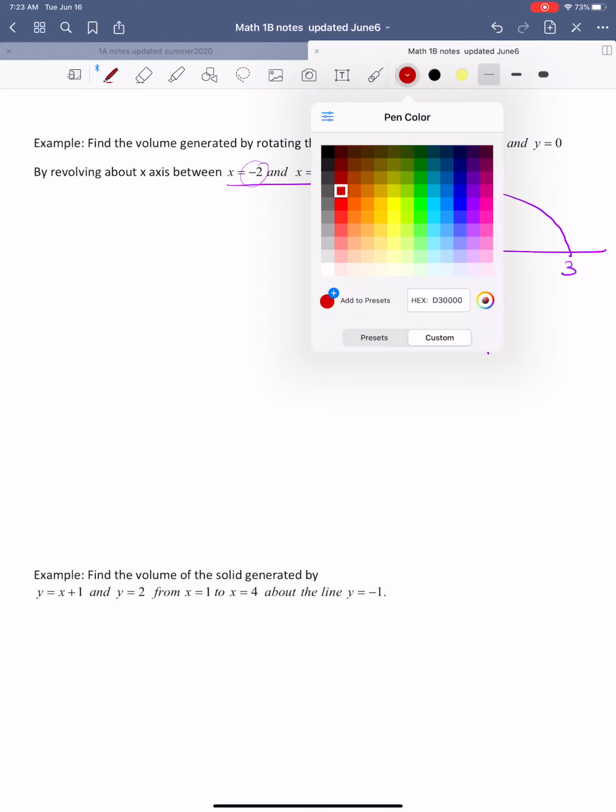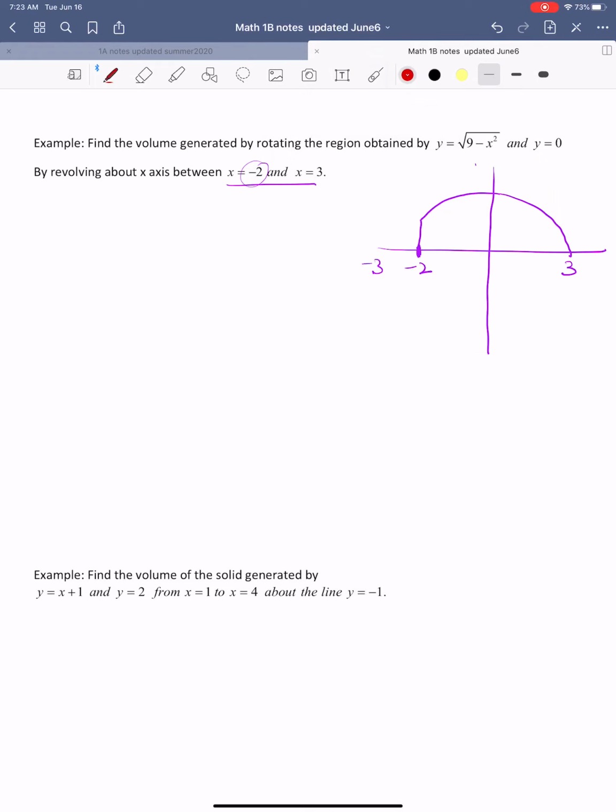If I rotate it over the x-axis, let's see what happens. I'm going to have a shape like this. Okay, that's better.